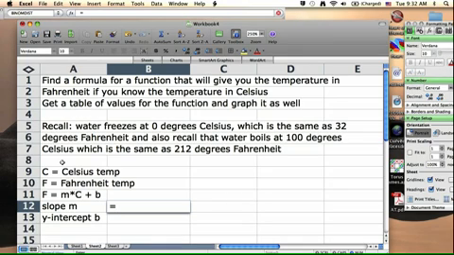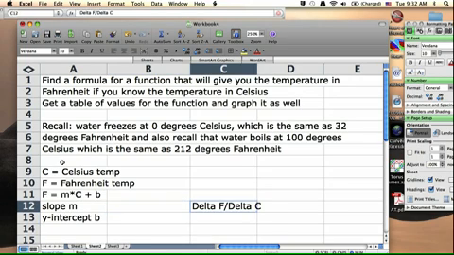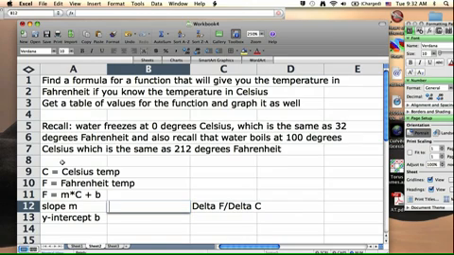In this case, it's delta F over delta C. Maybe I even want to type it that way. I'm not typing a formula here at the moment. That's going to be the slope: change in the Fahrenheit temperature divided by change in the Celsius temperature.